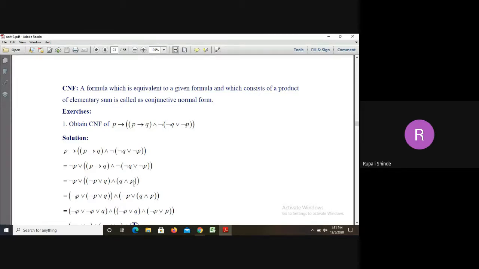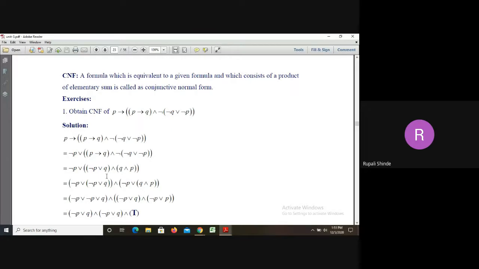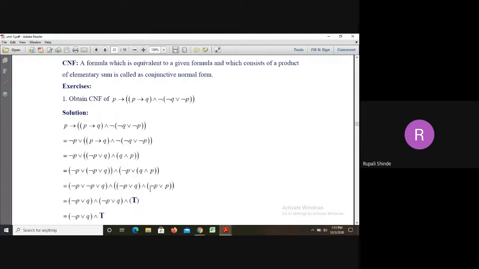This is one term. So again we have to apply here. Check, OR operation is there, so we can combine this one: negation P or Q. This is one bracket. And again negation P or Q and P. So here negation P, this term is repeated, so we can consider it once: negation P or Q. This is our first term.